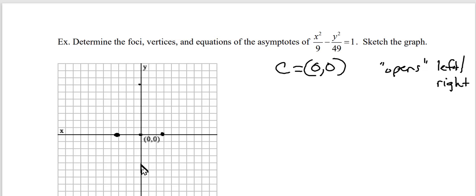So what I'm using that for is to create this box. I'm going to dash in this rectangular shape that goes out to the 7, goes out to the actual vertices. The reason I like that is because that allows me to graph my asymptotes. The asymptotes are the diagonals of this.